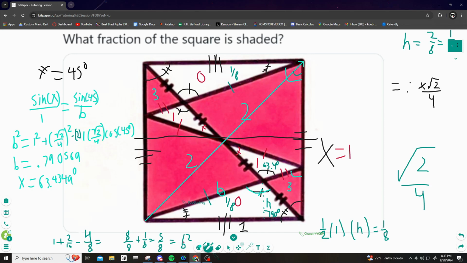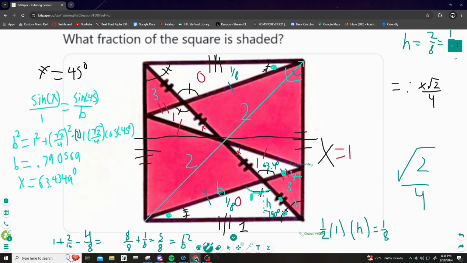And since this angle and this angle are the same, and we know the two angles, this one and this one, we can find out what this angle is, and then I think we can calculate this side length. If we have two angles on a side, we can calculate that side length, because we have this side, this angle, and this angle.